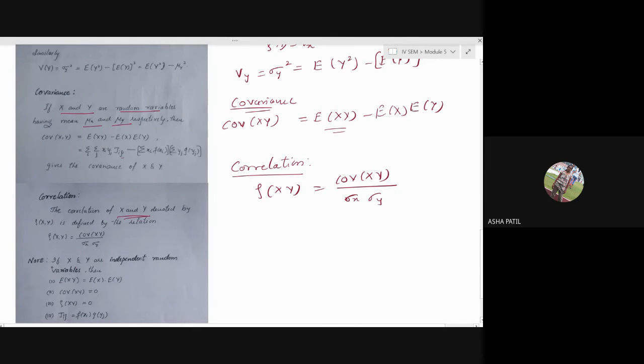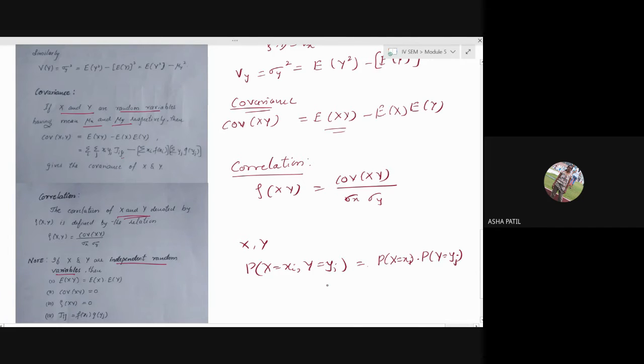Now, one more thing you have to know is about independent random variables. Two variables x and y are said to be independent random variables if the probability that x equal to xi, y equal to yj is equal to the probability that x is equal to xi into the probability that y equal to yj.